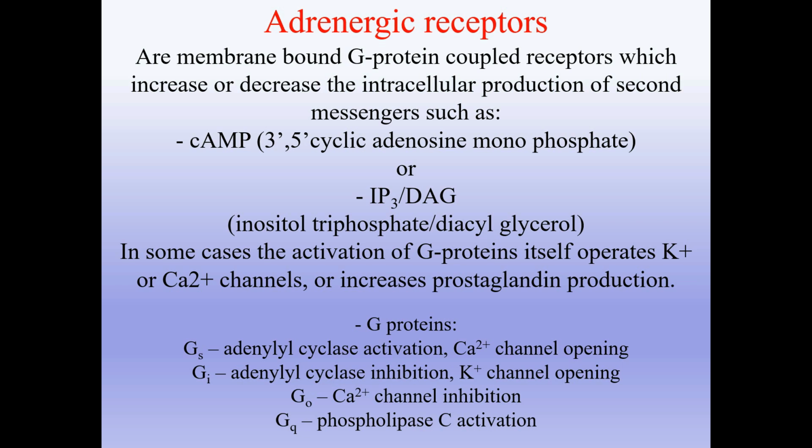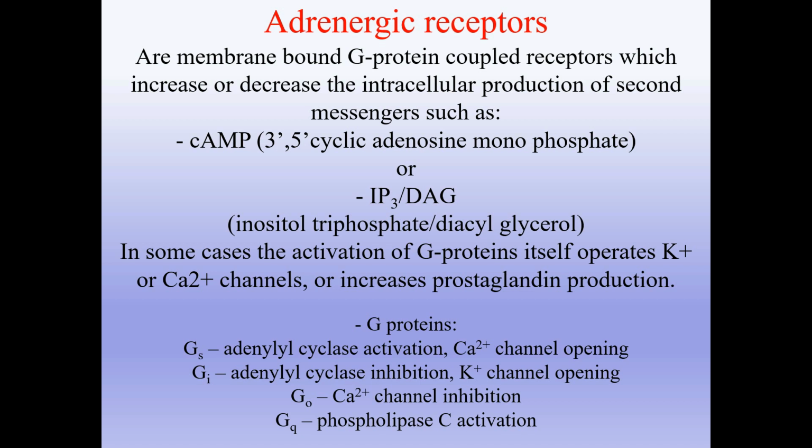Adrenergic receptors are membrane-bound G-protein coupled receptors which increase or decrease the intracellular production of second messengers such as cAMP, 3,5-cyclic adenosine monophosphate, or IP3-DAG, inositol triphosphate diacylglycerol.